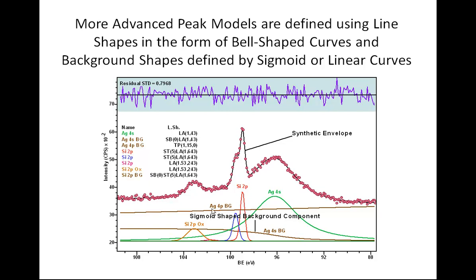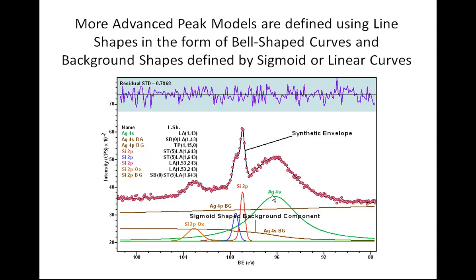Now the Ag 4P is modeling signal that derives from the Ag 4P peak, which is at a higher kinetic energy. And inelastic scattering of these higher energy electrons manifests within these data as a sloping background that is well approximated over this interval by a linear curve.